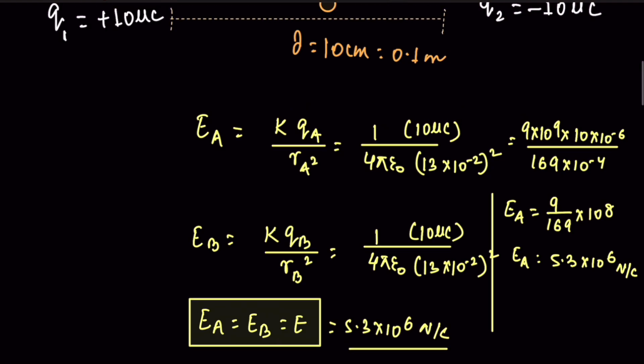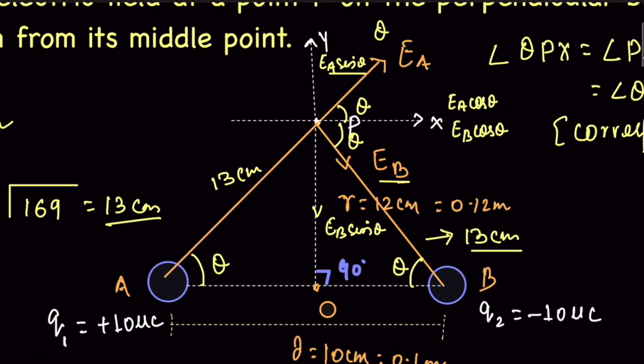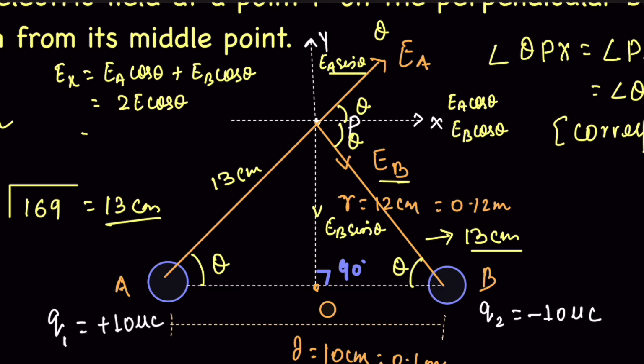Now if we see the diagram here, what is the component of electric field with respect to the x-axis? The electric field along the x-axis is EA cos theta plus EB cos theta. And we know that EA is equal to EB, so we can write 2E cos theta. So 2 into E, whose value is 5.3 into 10 to the power 6, into cos theta.